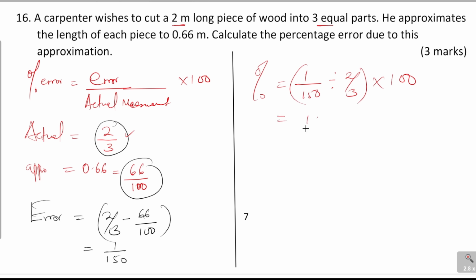This gives 1 divided by 150 times 3/2 times 100. Simplifying by cancelling common factors, the whole of this gives 1% as the error. And that is how you're supposed to solve that.